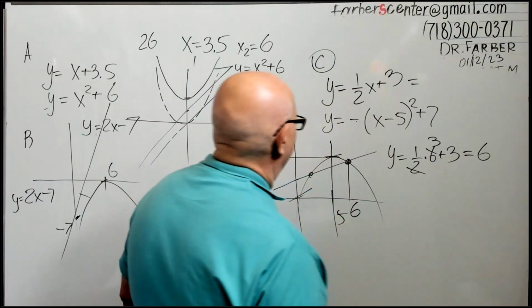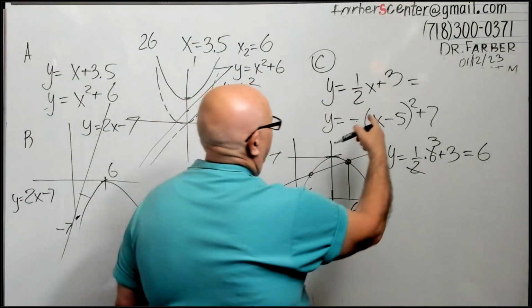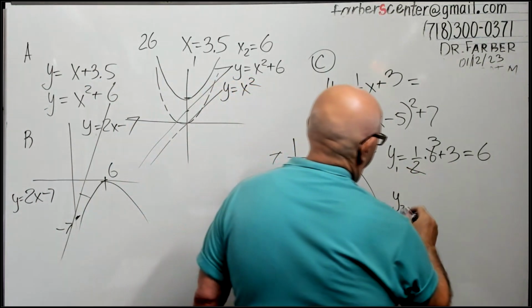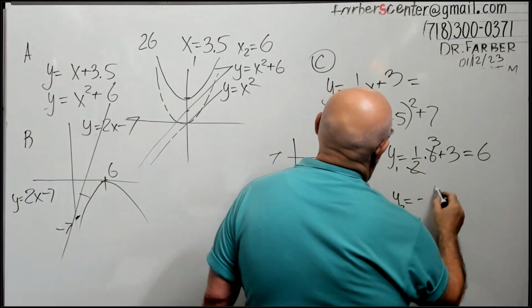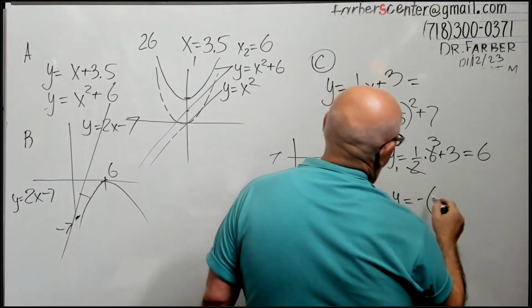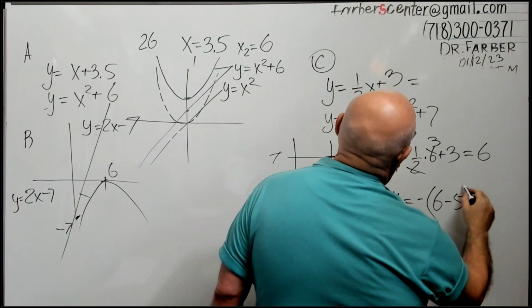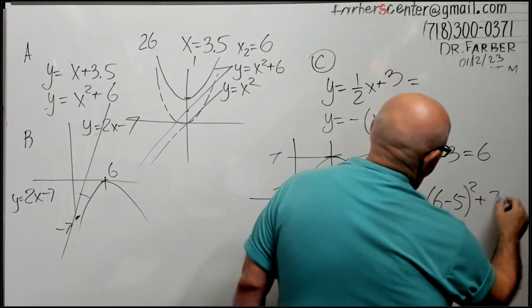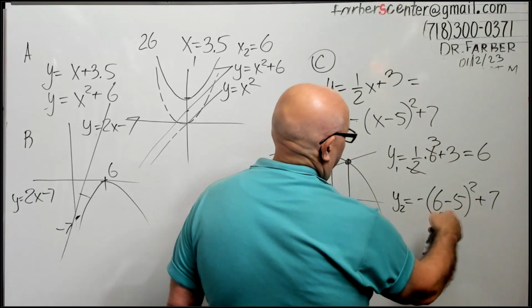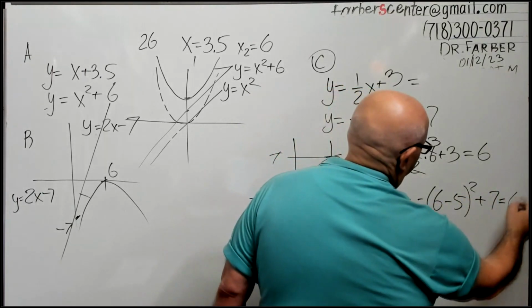Since these two graphs intersect at the same point, plug in over there. y2 equals negative x minus 5 to the second plus 7 with x equals 6. This would be negative 1 in front, plus 7 is 6.